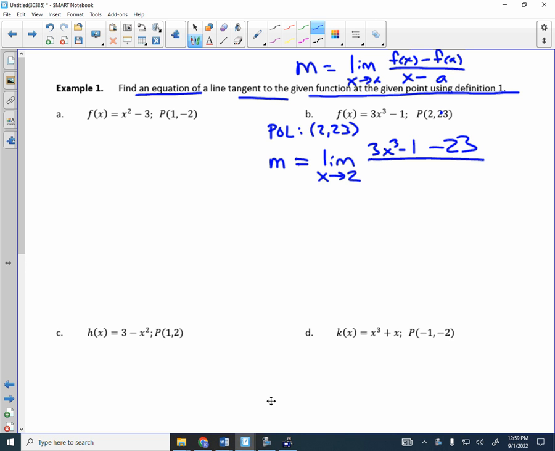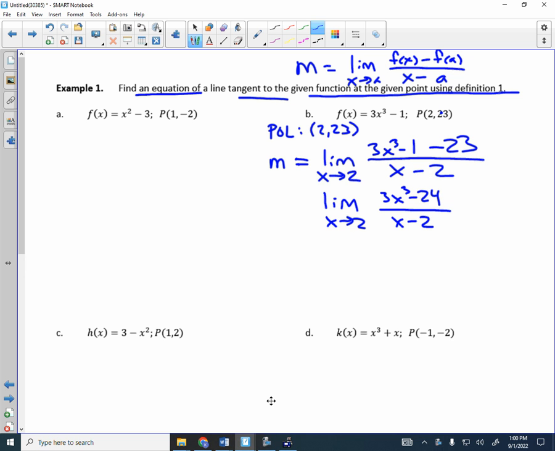All over x minus, what did you say a was? It was 2. So I have to determine that in order to get the slope. So I get the limit as x goes to 2 of 3x cubed minus 24 over x minus 2.